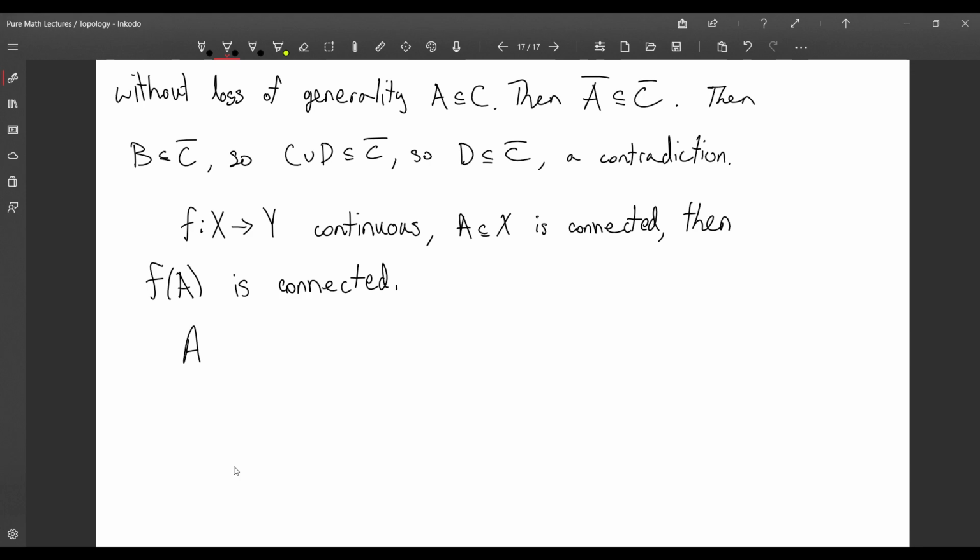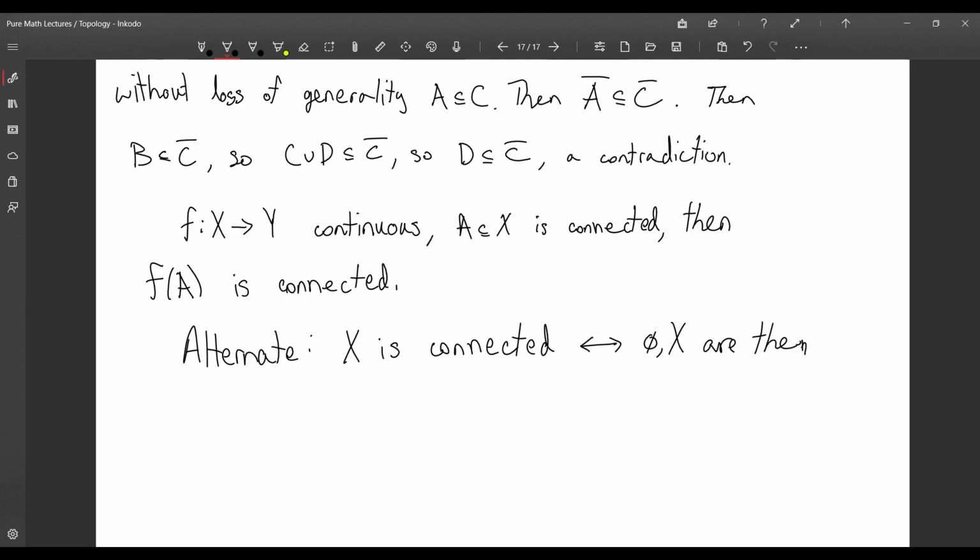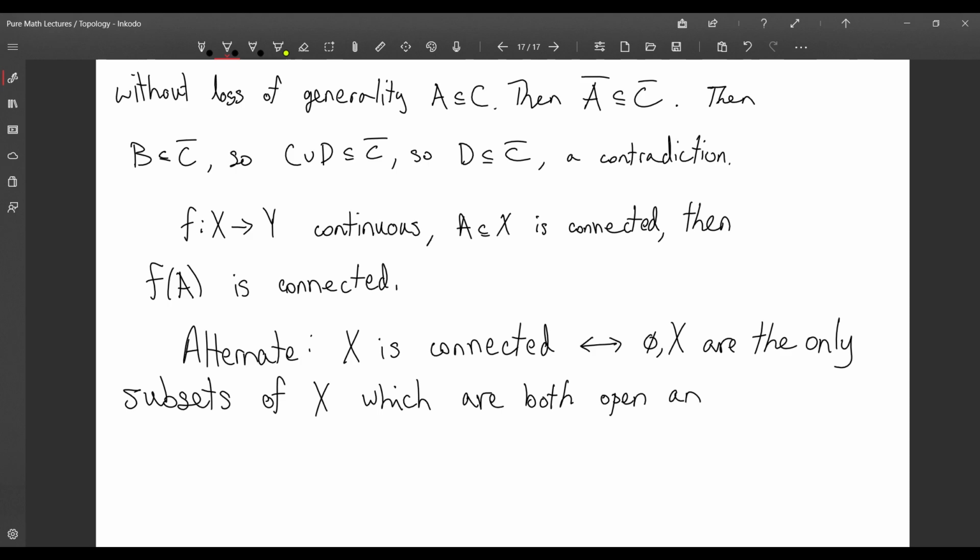As an alternate definition for connectedness, X is connected if and only if the empty set and X are the only subsets of X which are both open and closed.